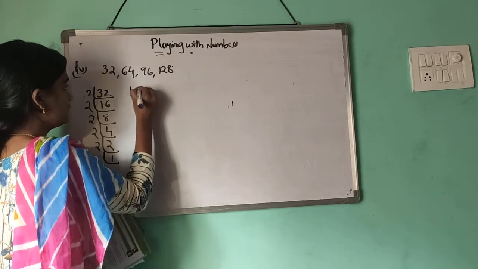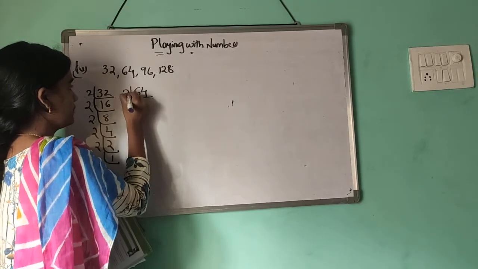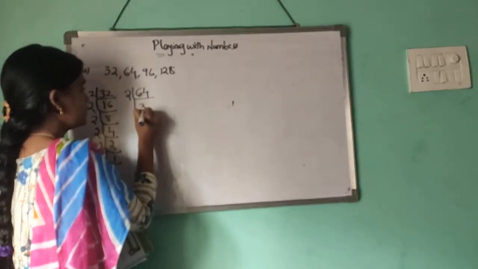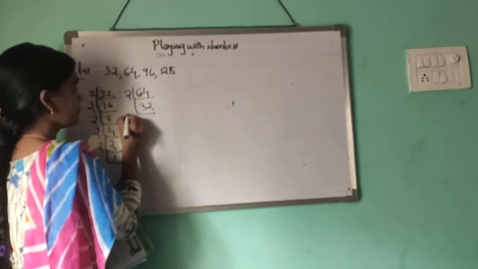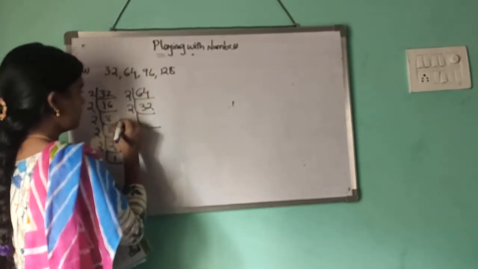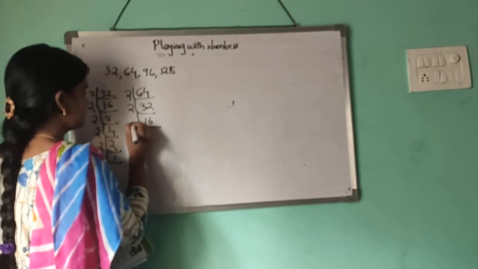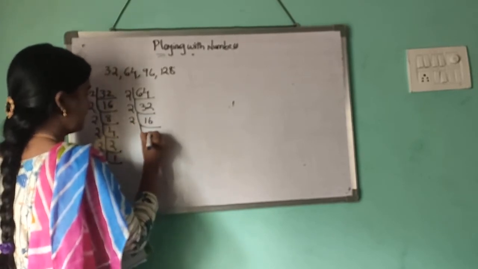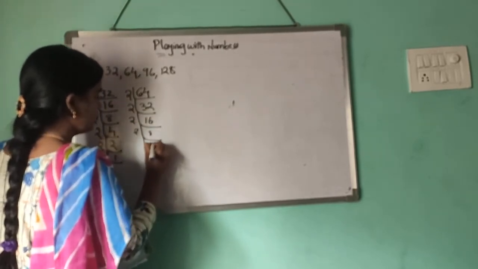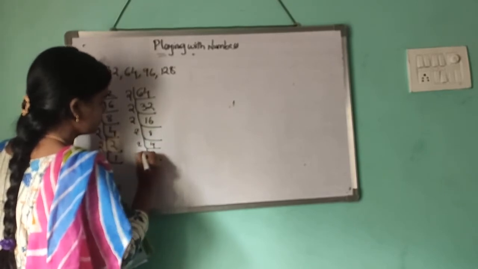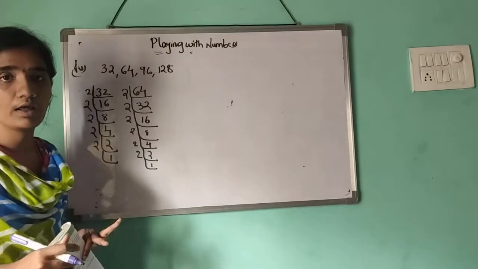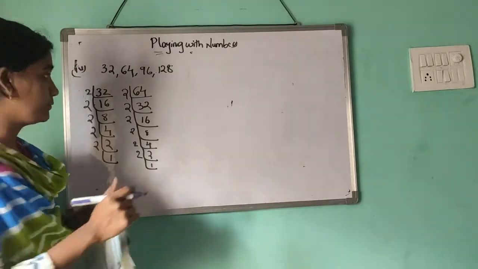Coming to 64, also same. 2 table: 3 2s are 6, 2 2s are 4, 2 1 6, 2 8, 2 4, 2 2, 2 1.